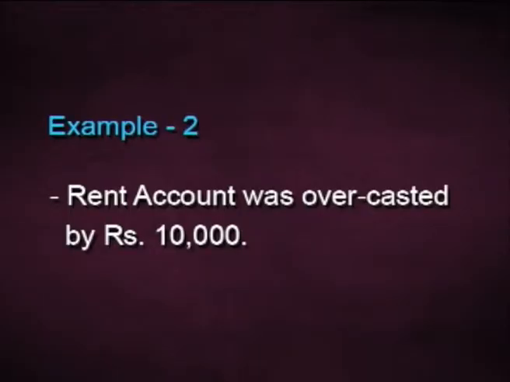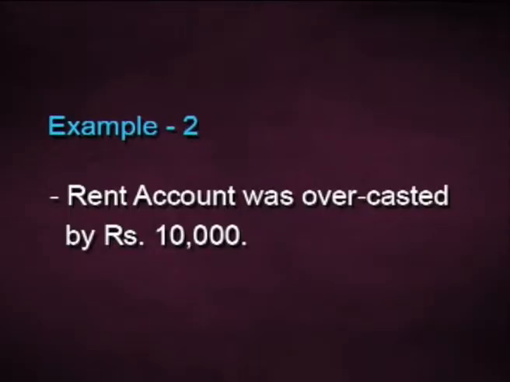It implies that had the error been overcasting of the purchase book, rectification would have been done by placing the purchase account on credit side in the rectification entry, resulting in decrease in total purchase. Let us have another example, the same previous one.